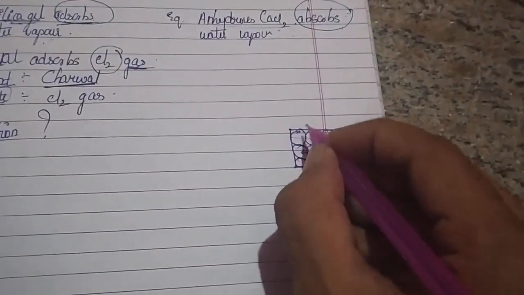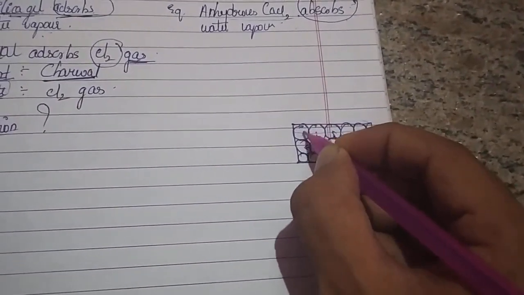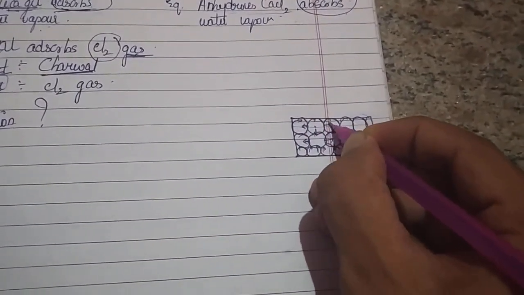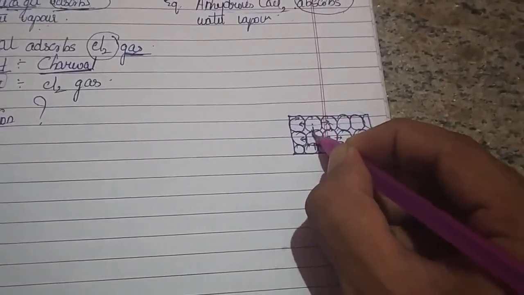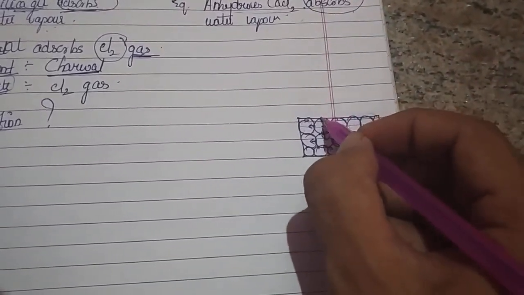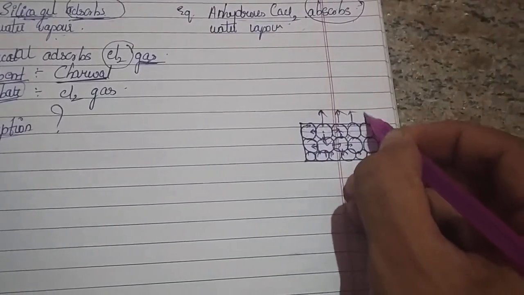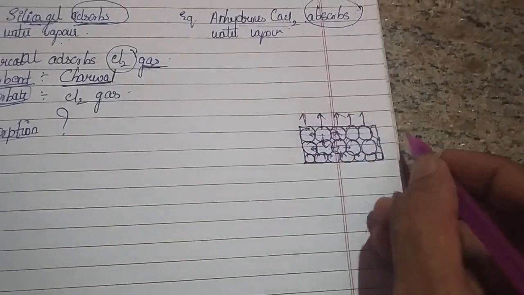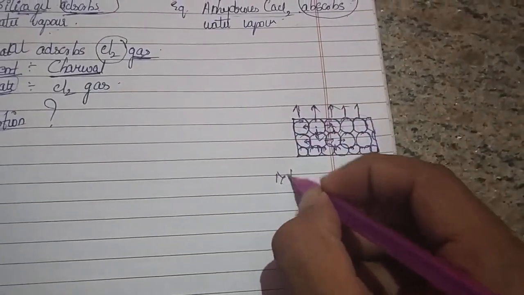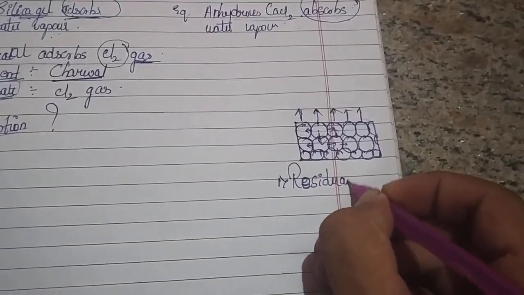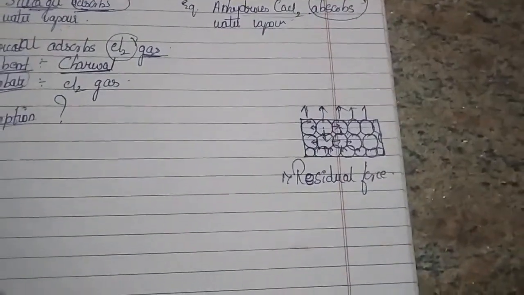If I choose this molecule, it attracts from this side, this side, and this side. But what about its surface? So the molecules present on the surface have some residual force.